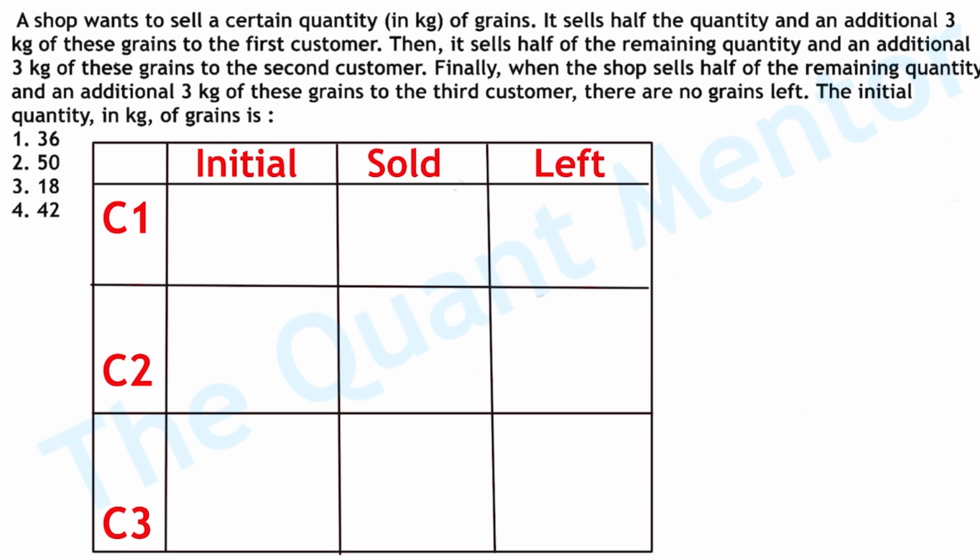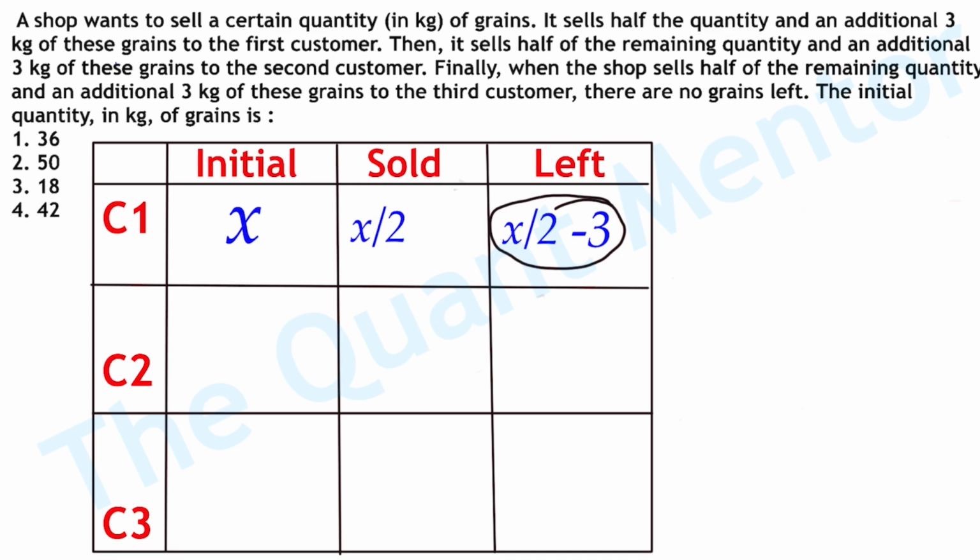Okay guys, so let's look at a slightly better, faster way to answer this question. We have seen that if there were X kgs of grains initially, the first customer first gets half of it, half remains, and from whatever remains you remove 3 kgs. Now let's observe something very interesting. After the first customer leaves, X by 2 minus 3 kgs of grains were left.